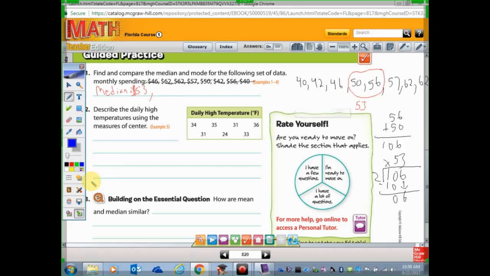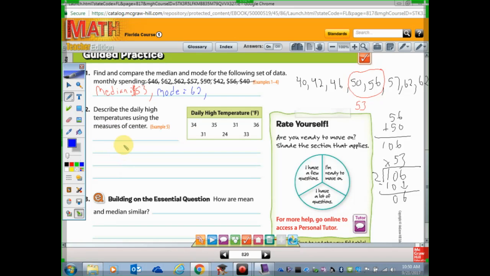My mode. Which one in that data set occurs the most often, Michaela? 62. Are there any other ones that occur more than one time? No, so 62 is our only mode. So mode equals 62. And last, I will find my range.